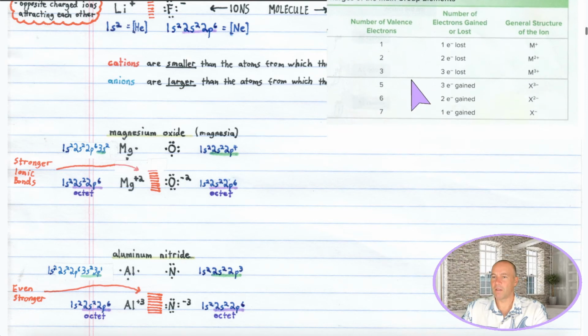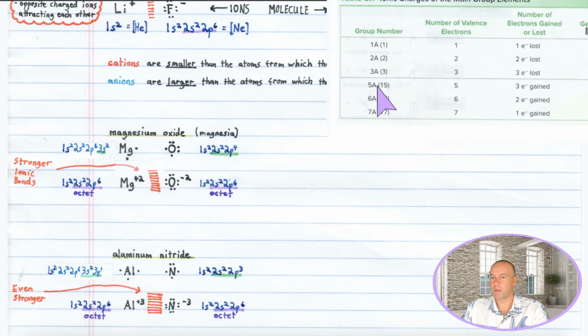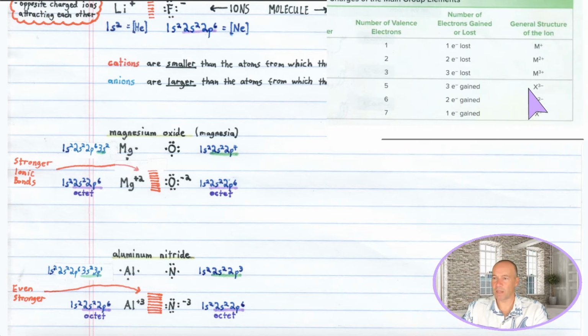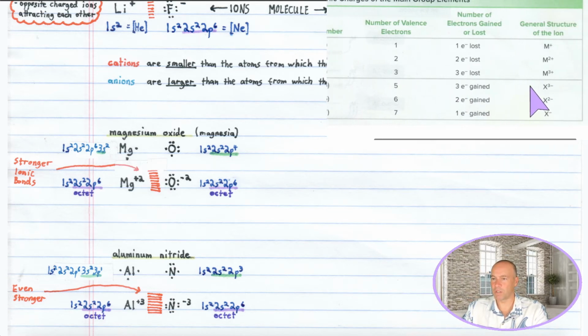Now, the elements in groups 5A, 6A, and 7A, the one in group 5A needs to gain 3 electrons to have that octet. 5 + 3 is 8. So it gains 3 electrons and it becomes a -3 charged ion.